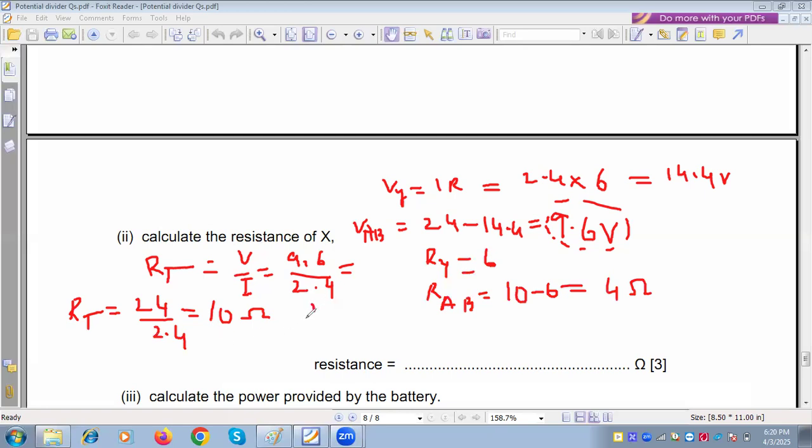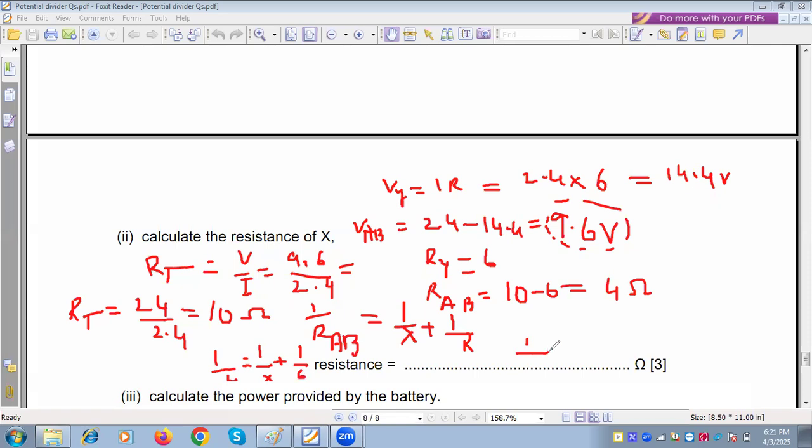Now 1 upon R AB, that is why it is of 3 marks. It needs a number of steps. 1 upon R AB is equal to 1 upon X plus 1 upon R. So 1 upon 4 is equal to 1 upon X plus 1 upon 6.